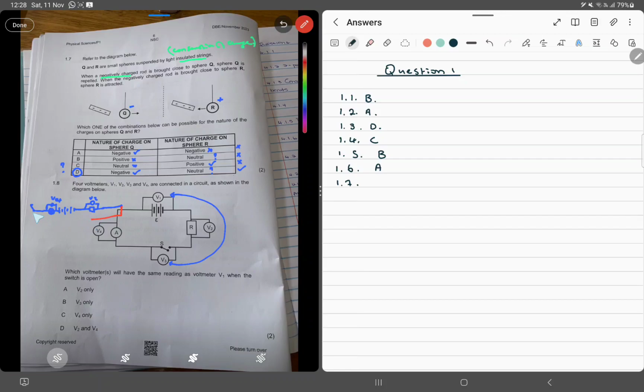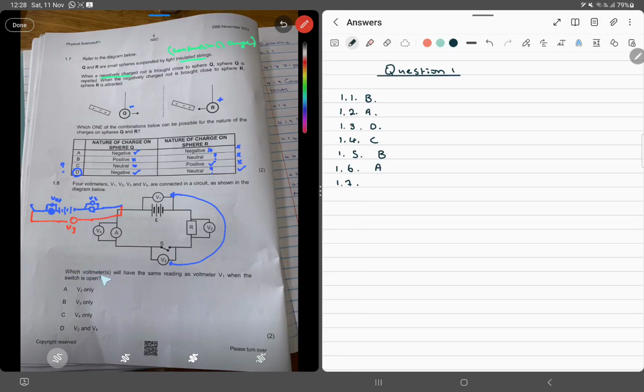If we draw a voltmeter across these ends, this is the same as the voltmeter across the terminals of the battery, because it encircles that. So V3 is that one. When you expand this circuit, we literally have V3 as the same as V1.